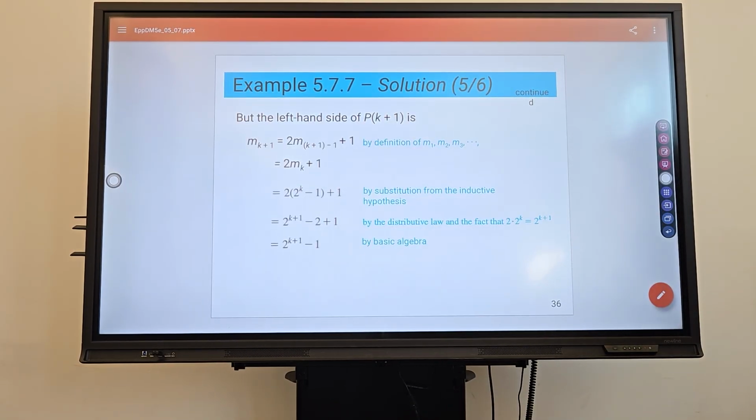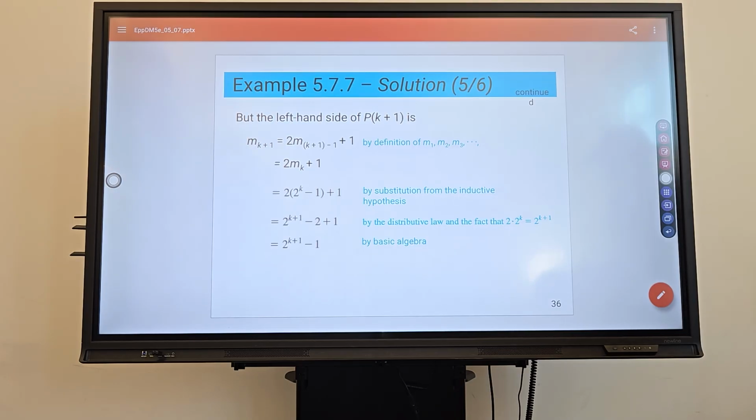But the left-hand side of P of k plus 1 is m sub k plus 1, which equals 2 m sub k plus 1, which is 2m sub k plus 1.